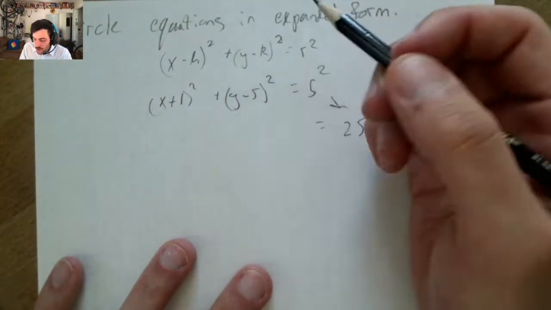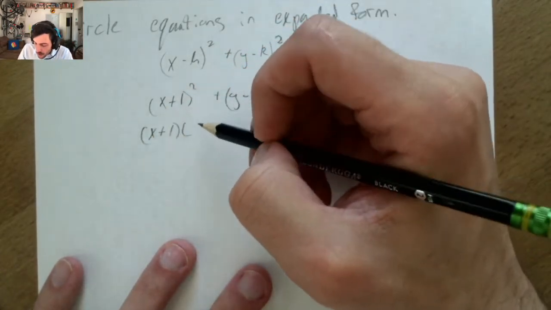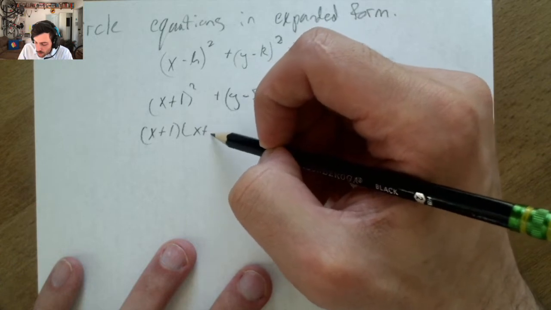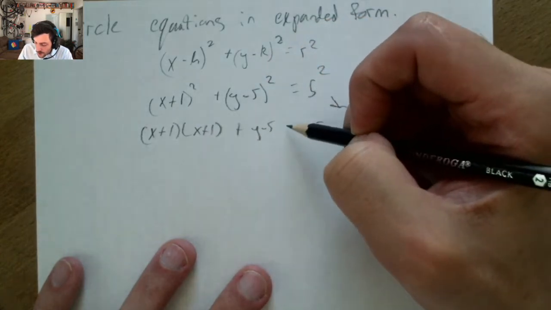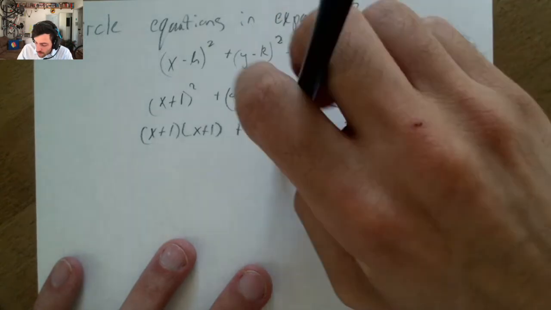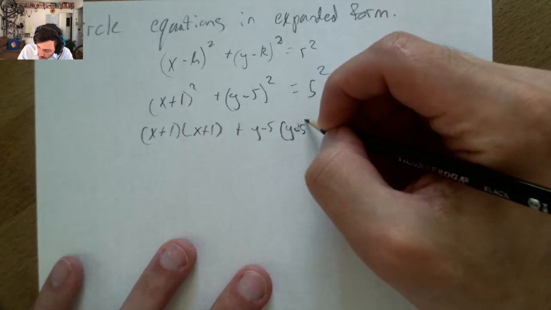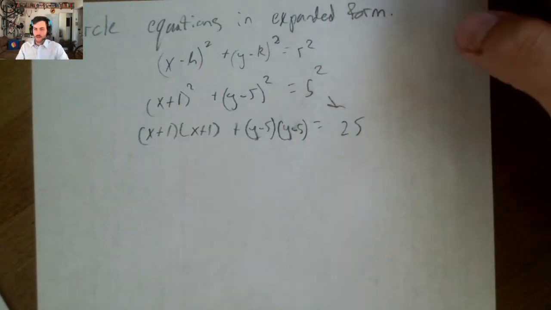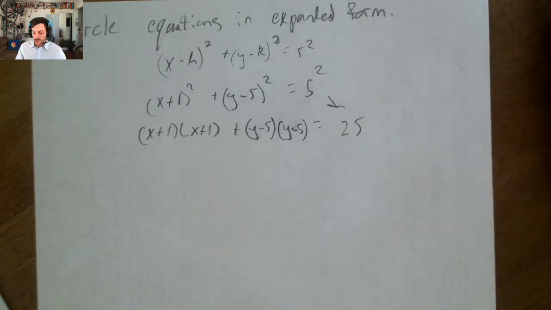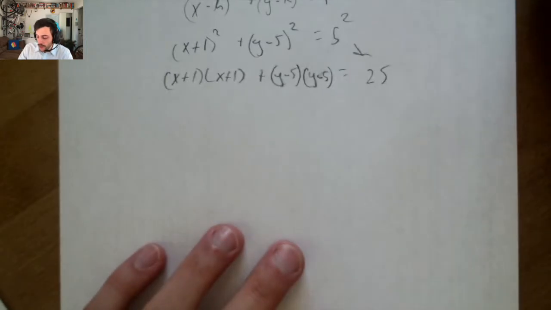X plus 1 squared is the same thing as writing x plus 1 times x plus 1. Y minus 5 squared is y minus 5 times y minus 5. The reason why we're doing this is because as we start to move to things like trinomials, we want to express out the quadratic form of our equation here.